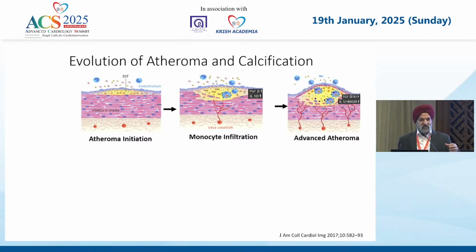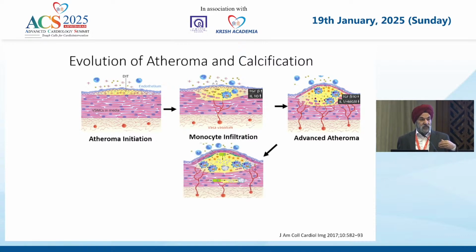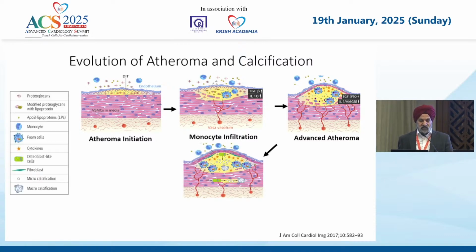These macrophages in turn internalize the lipoproteins and become foam cells. When they rupture, they are engaged in constant activity of preventing atherosclerosis. That means there is TGF beta as well as interleukin coming in, which takes away the apoptotic cells. But at times it is difficult for them to keep pace with the degenerative material being produced.